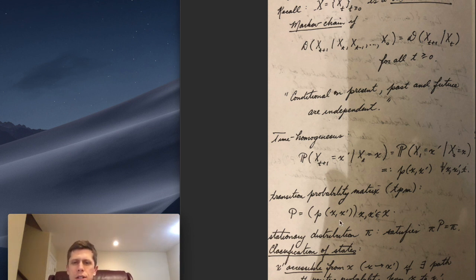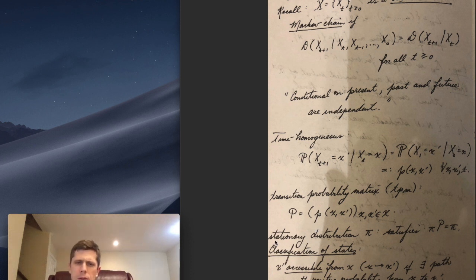But we call this the transition probability matrix. So you can think of the rows being indexed by the current state, the columns indexed by the next state, and the ij entry would be the transition probability of going from state i to state j.